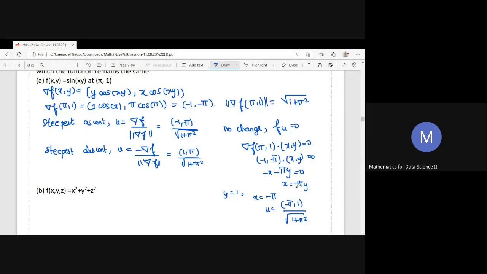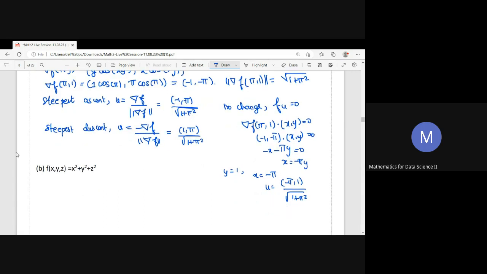Here the value of y depends on x, so there may be multiple orthogonal vectors. Yes, depending on your y value you can take a different x value, but the unit vector is finally going to be the same because it is along the same line.